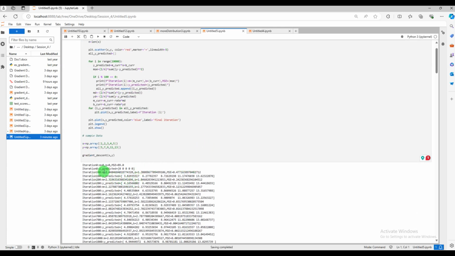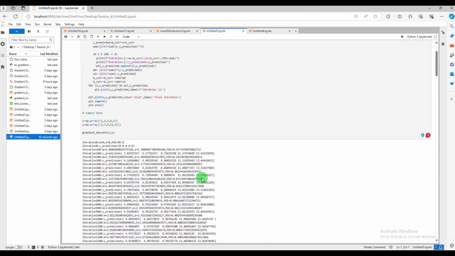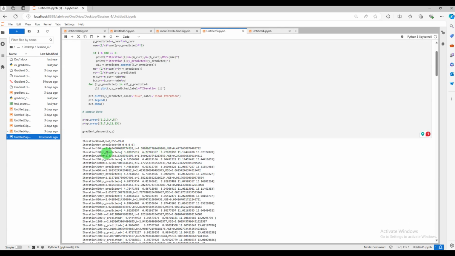You can see this is our slope m, the 100 iteration, and b, and this is the MSE, and this is the y predicted, and as you can see MSE decreases as the iteration increases.